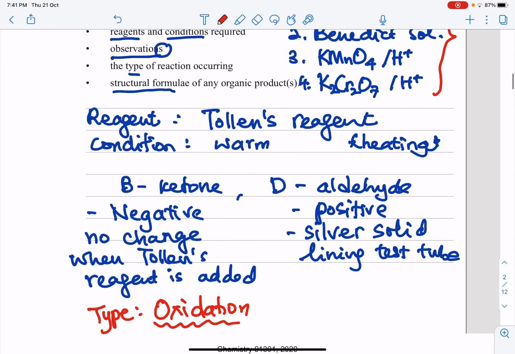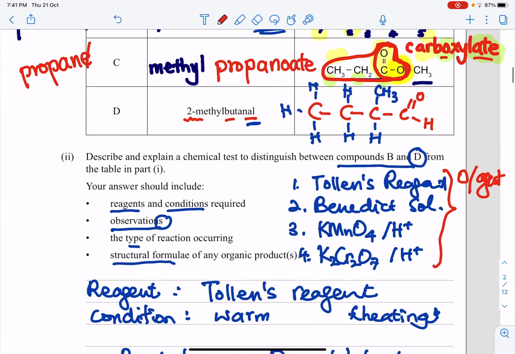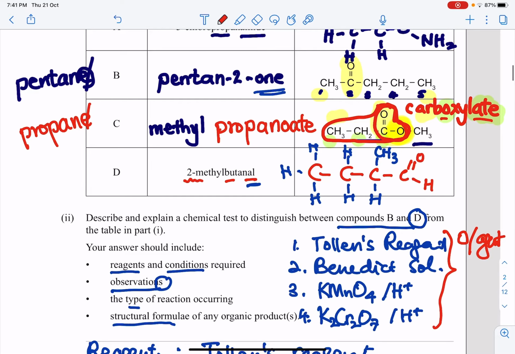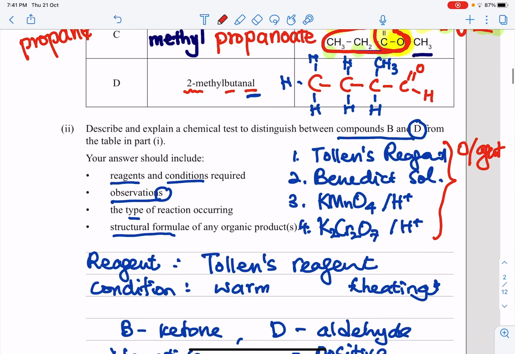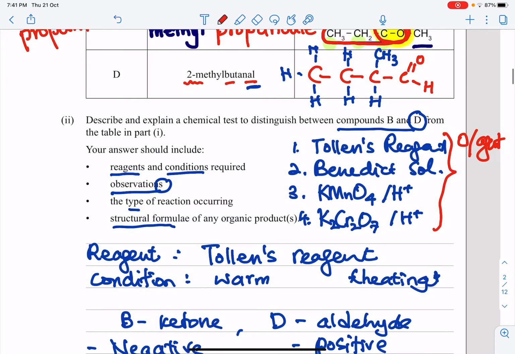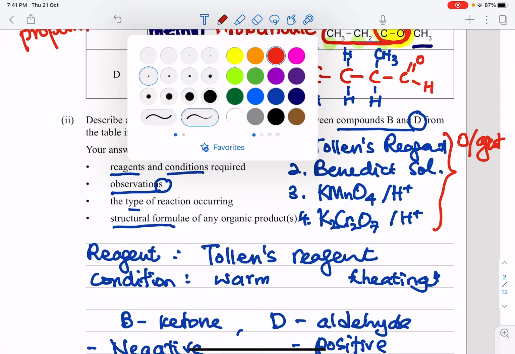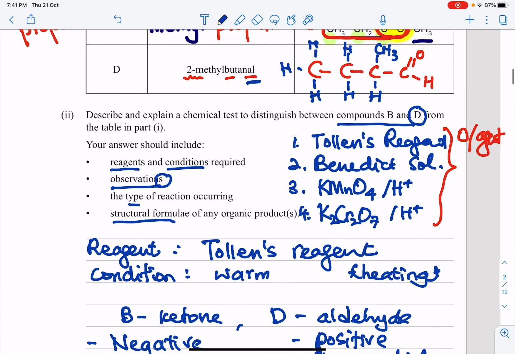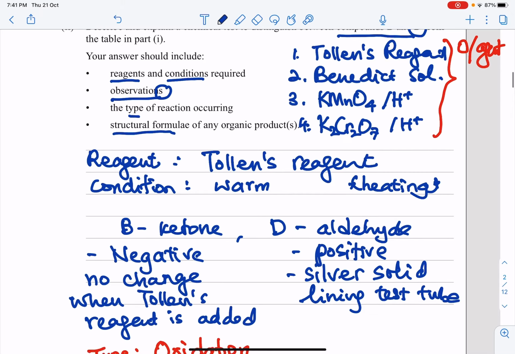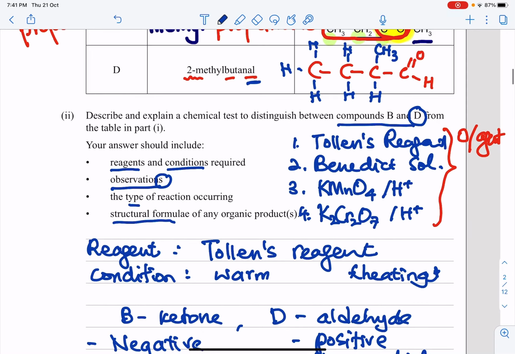And the structure formula. Now, the structure formula can be quite easy, because we are just going to focus on D as aldehyde. So after getting aldehyde, we are getting carboxylic acid. So we just need to add another oxygen to D. So I'm going to focus on the C double bond O. So for the structure formula, I am going to draw it right here.